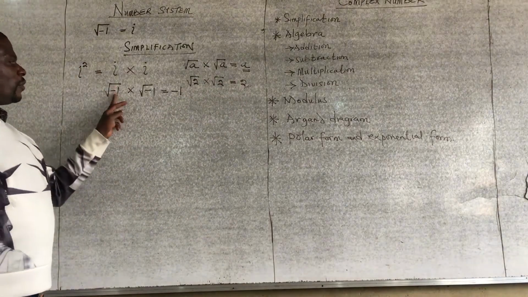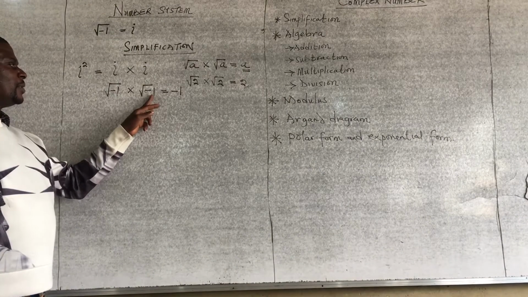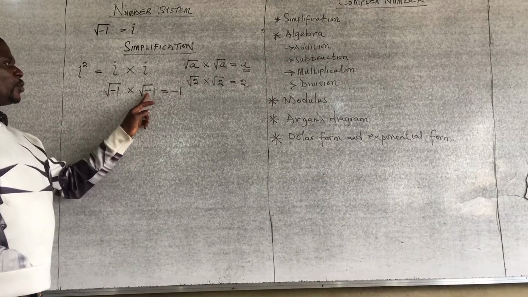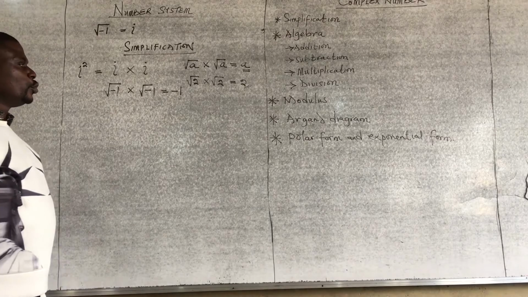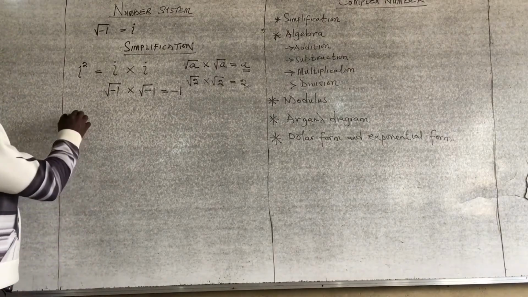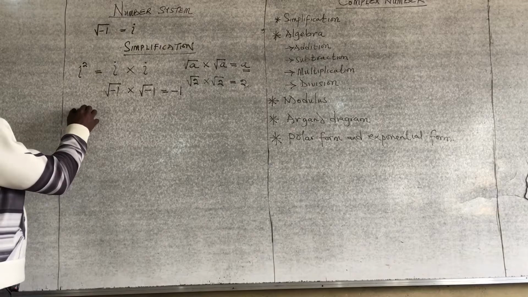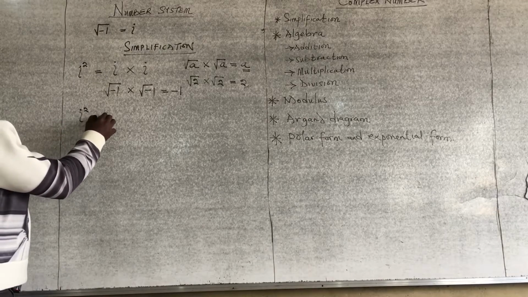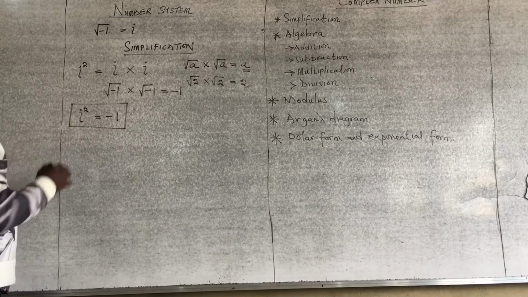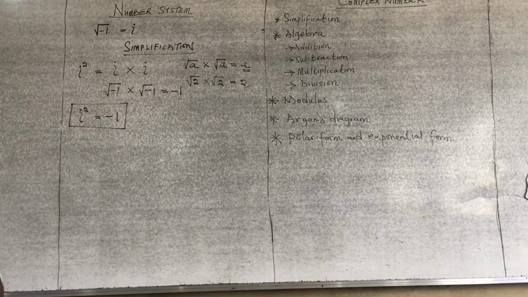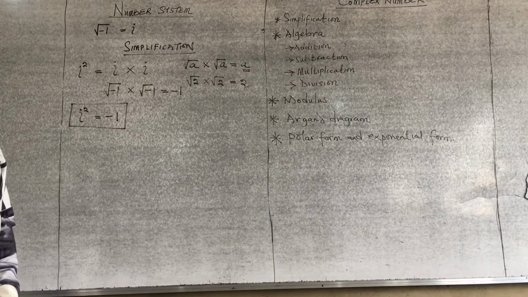So if I have square root of minus 1 times square root of minus 1, the answer is minus 1. So you must know at every given point that your i squared is always minus 1. Don't forget.